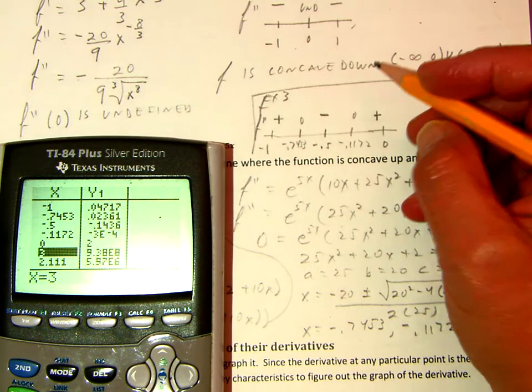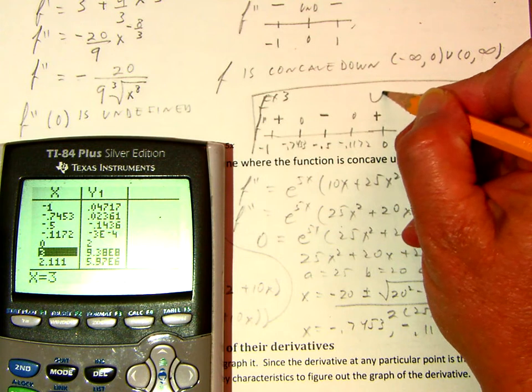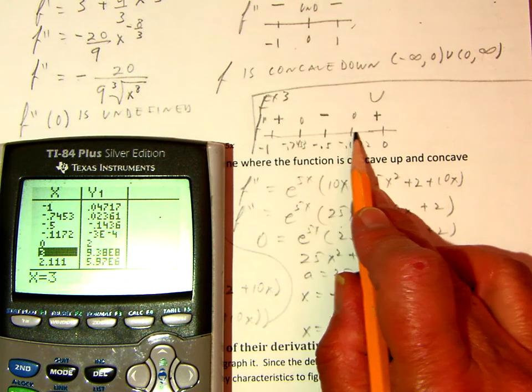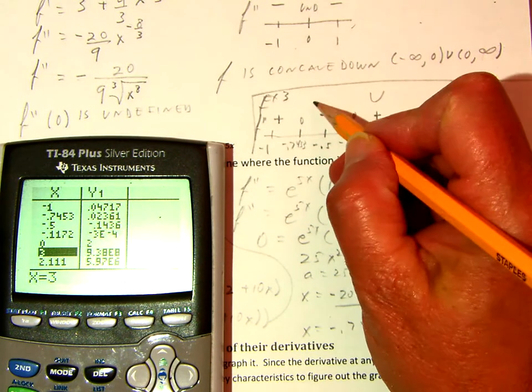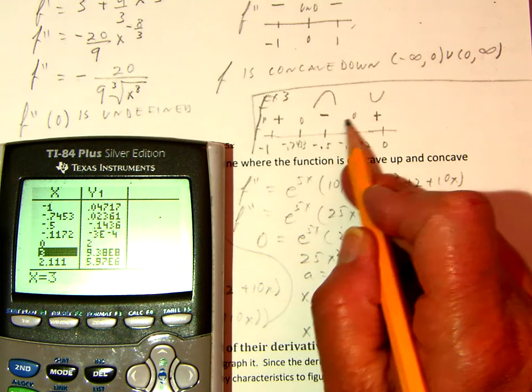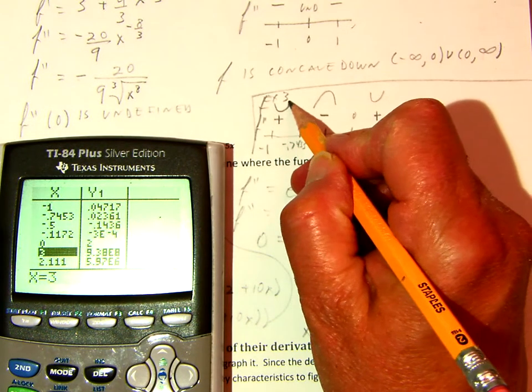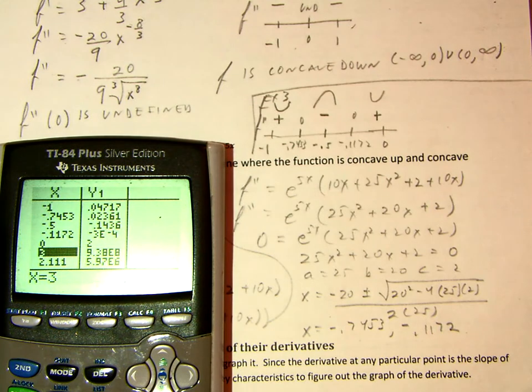So this tells me that my function f is concave up to the left of this number, concave down between our two critical numbers, and then concave up again.